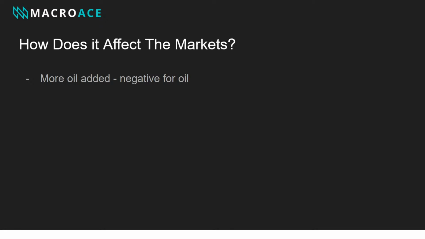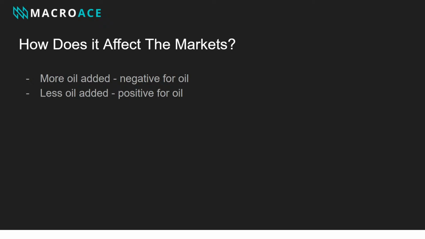So looking at how it affects the markets, the key thing to remember is that when there is more oil added, or a build in inventories, it's negative for oil, and when there is less oil added, or a draw, it is positive for oil. We've got to remember that when there is more oil being supplied in the market but less demand for it, that can lead to a decrease in crude oil prices.